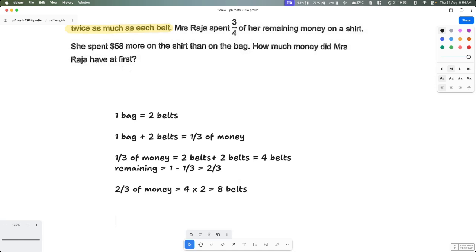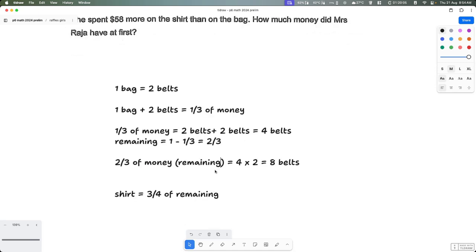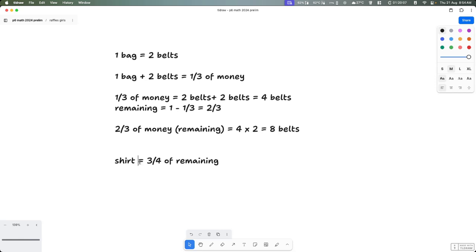So the shirt is equal to 3/4 of the remaining. This two third money is also called the remaining. So in this sense, this is equal to 3/4 times 8 belts. Let me just use the calculator.